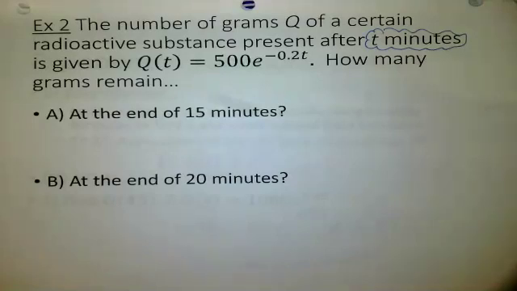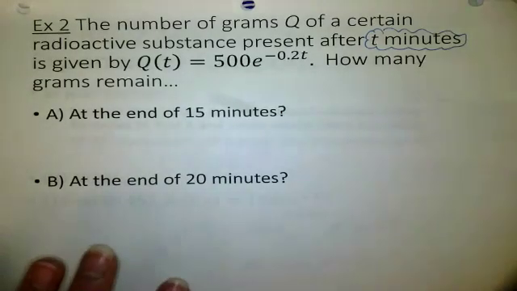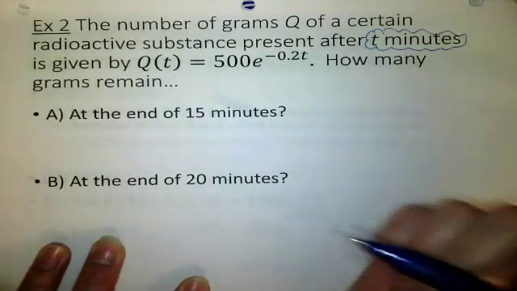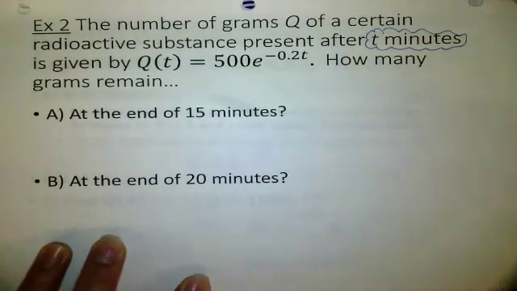Substitute 15 for t. Yeah, they're giving you an equation, ladies and gentlemen. They're giving you the model. The only thing you have to know is what numbers go where. So we want to know the quantity after 15 minutes.